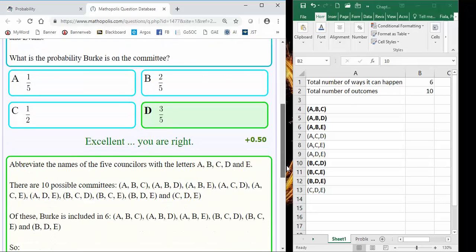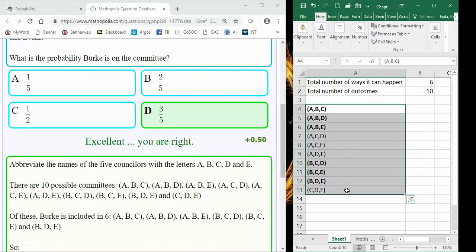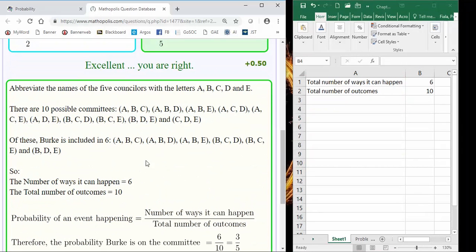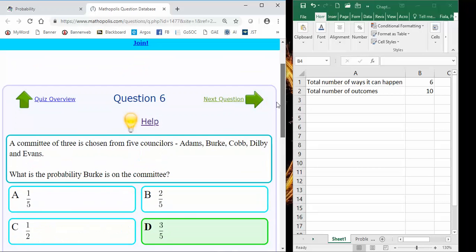Yep, exactly. So I guess the most important thing is to make sure that you have all the combinations. When you make sure you have all the combinations, then you can come up with the number of ways to happen in the total outcomes.